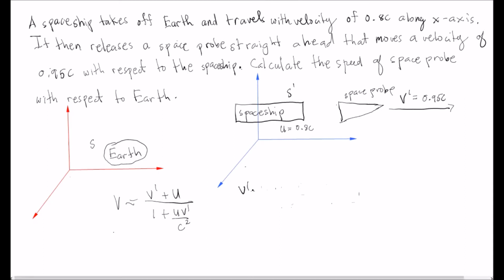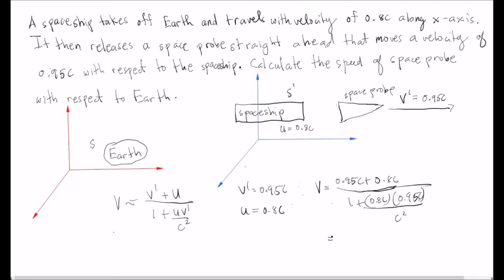V prime here is 0.95 c, U is 0.8 c. We have V, the speed of the space probe relative to Earth, equal to V prime, 0.95 c, plus U, the speed of the moving frame, 0.8 c, over 1 plus 0.8 c multiplied by 0.95 c, all over the speed of light squared.